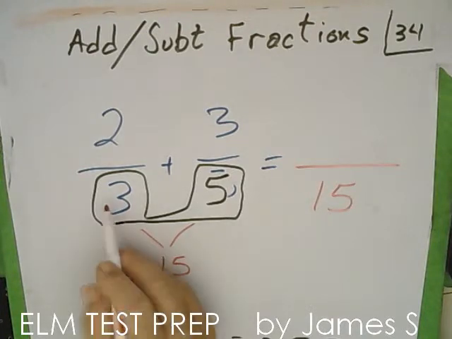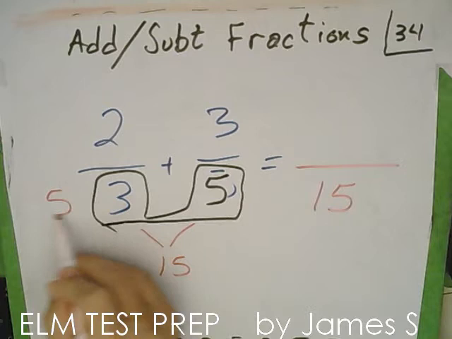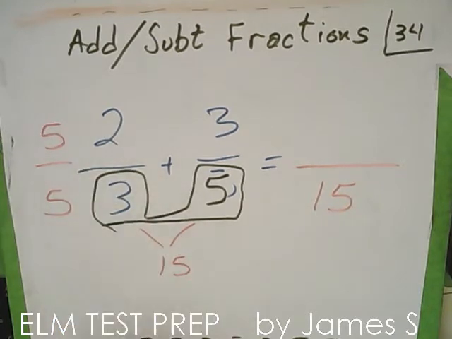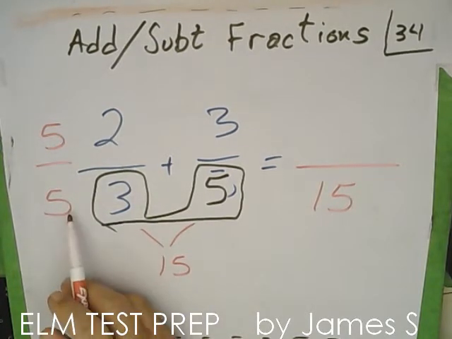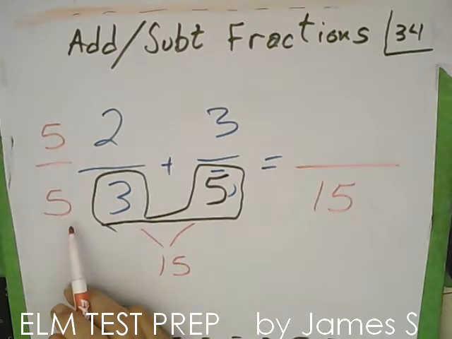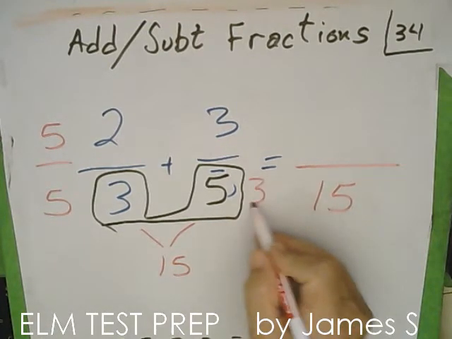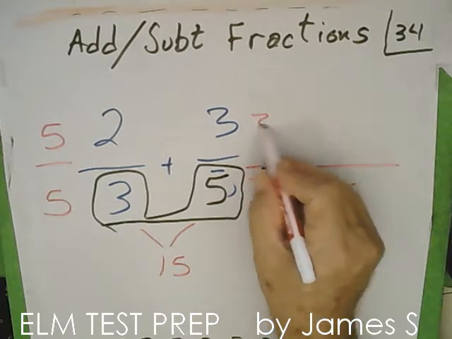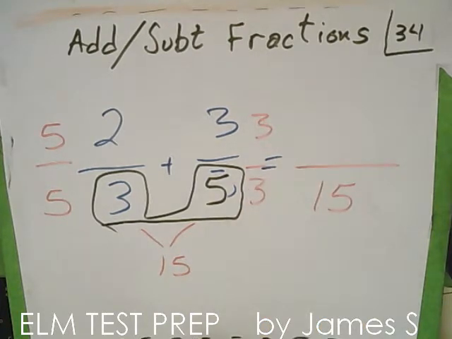To make the 3 into 15, I'm going to multiply by 5 over 5, because that's essentially just 1, another value for 1, and 1 times anything is still just itself. Over here, I'm going to multiply by 3 over 3. Again, the 3 over 3 is 1.